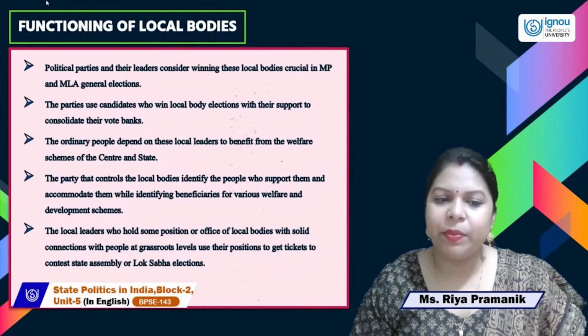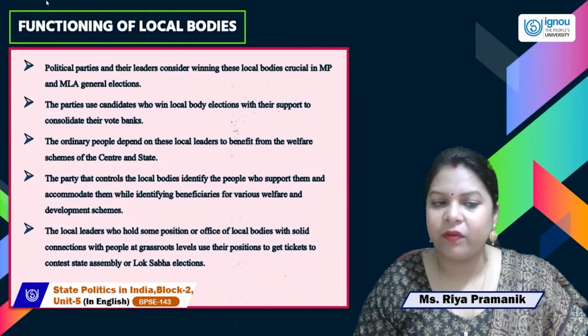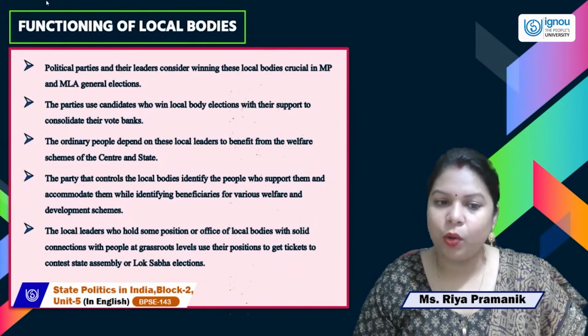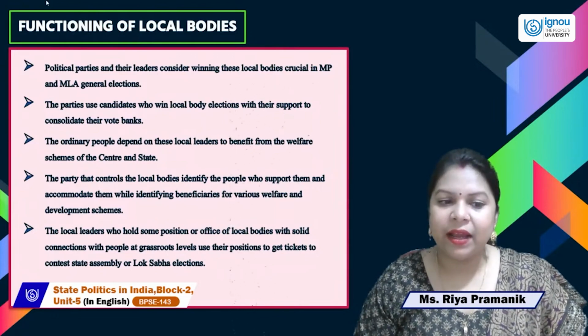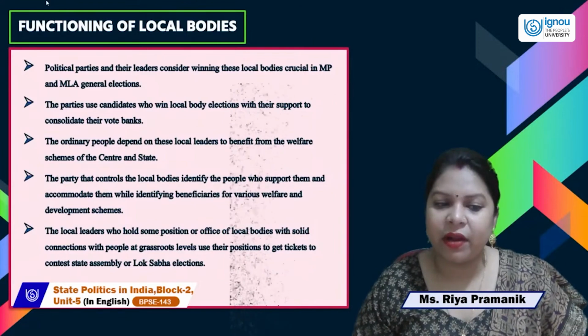The ordinary people depend on these local leaders to benefit from the welfare schemes of the center and the state. So the party that controls the local bodies identifies the people who support them and accommodates them while identifying beneficiaries for various welfare and development schemes.